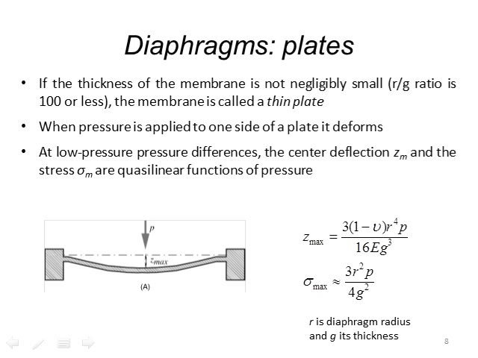E is the Young modulus. And nu, 1 minus nu in this case, is a property of how the plate bends. It's a mechanical property, a material property, and it is a function of the bending properties across an area, okay? And then the maximum stress is about 3 times the radius squared multiplied by P divided by 4 times G squared, and G is the thickness.